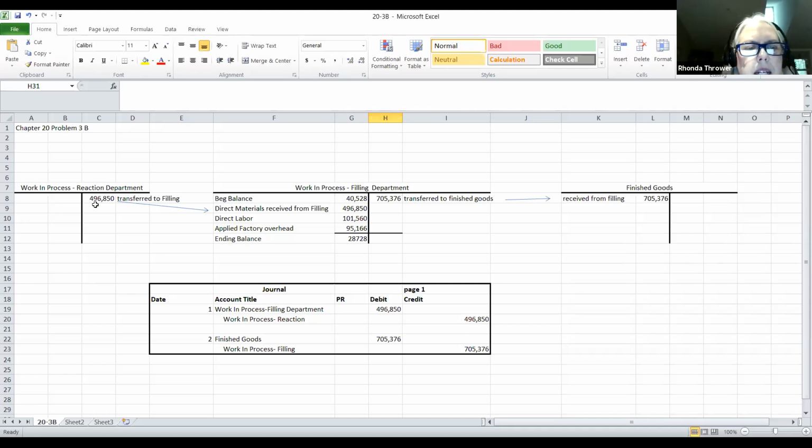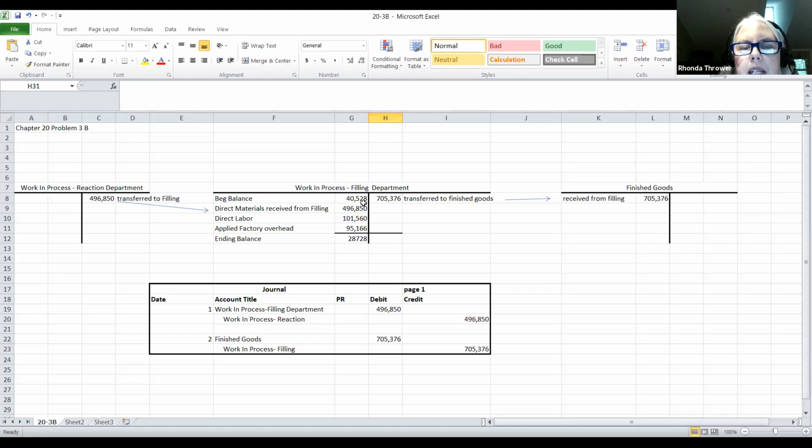Notice I put in T accounts what's happening in this company. This company had a reaction department, and what they did is they transferred materials to our filling department. We were the filling department, and we did the cost of production report for the filling department.